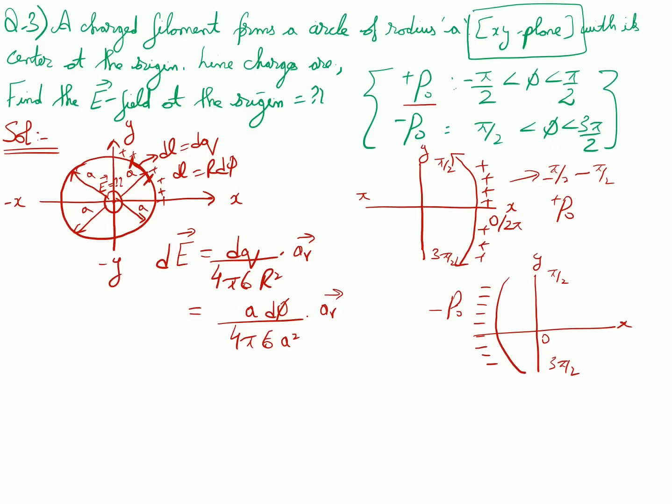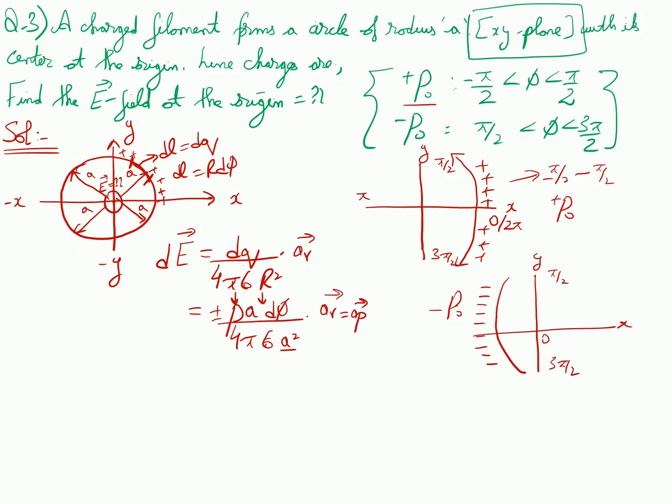So this value of charge comes out to be rho naught a d phi. So this is the line charge distribution, and this is the radius that it is covering, which is a d phi in the direction of a r. We can also write this in the direction of a phi as well, but since we are using the same variable for a, this is also fine.